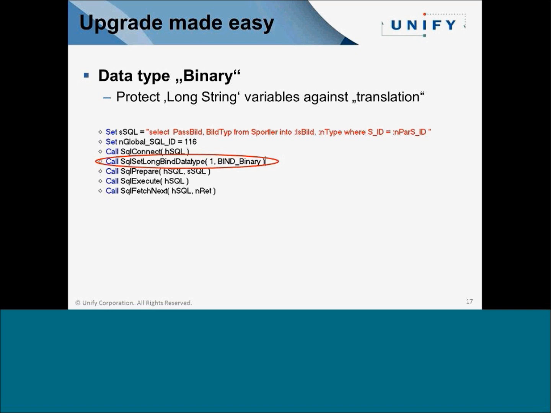That means this data type is a long string at this point, and you can protect this variable from being converted into Unicode by using SqlSetLongBindDatatype. For the first parameter, this is :lsBuild, and it's of type bind binary. That means the converter doesn't touch this variable to convert it into Unicode.